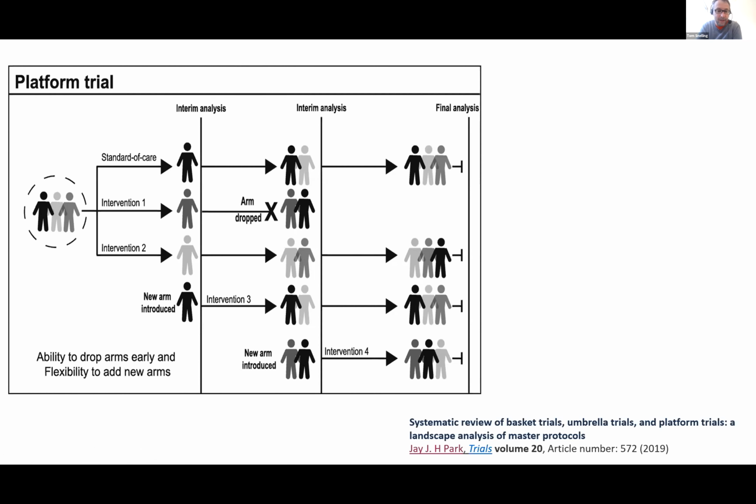So if a new candidate becomes available for a specific patient type, in theory, those new interventions can just be added into the platform. So increasingly, people are thinking about these platforms as being almost perpetual designs where you effectively continue enrolling into the platform as long as you have a candidate to evaluate.